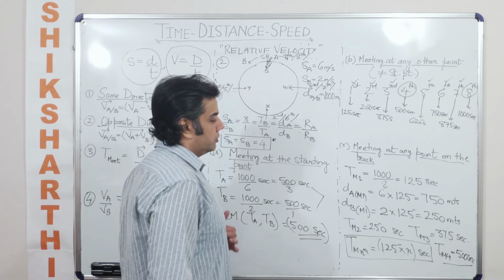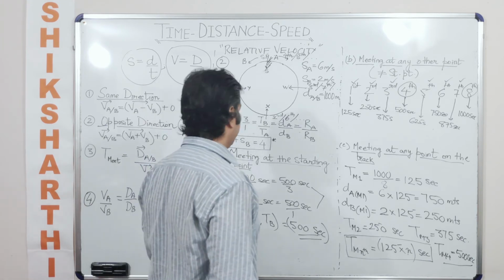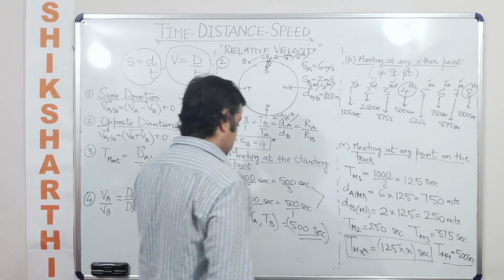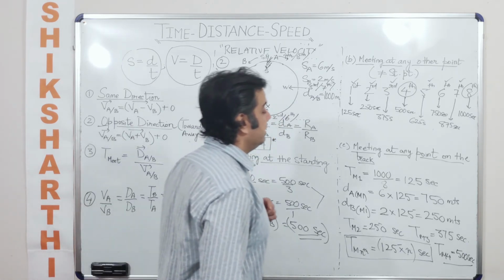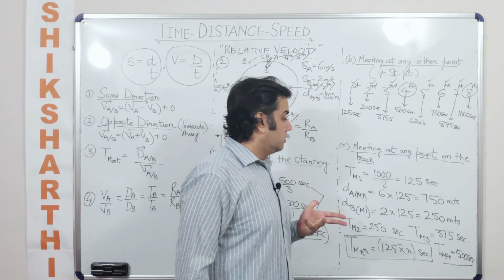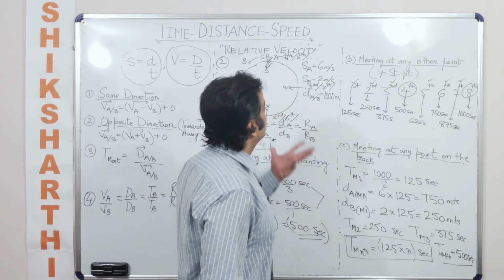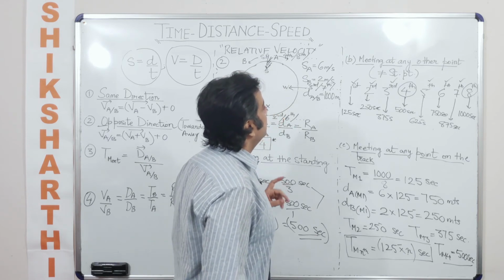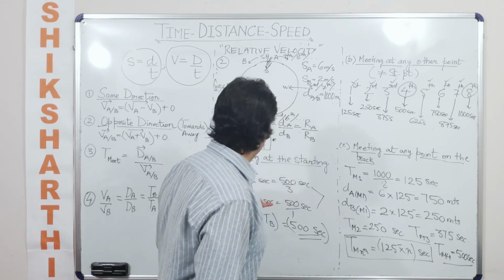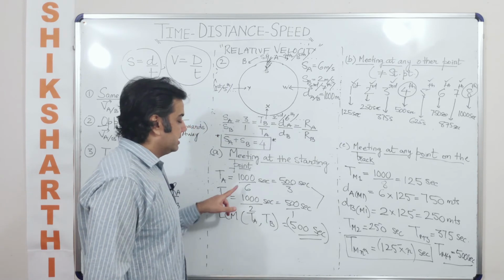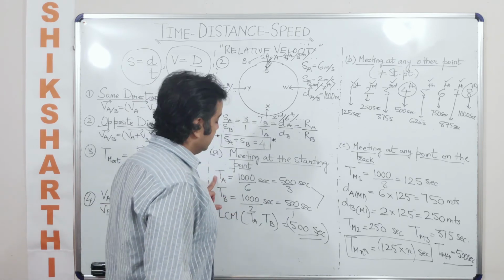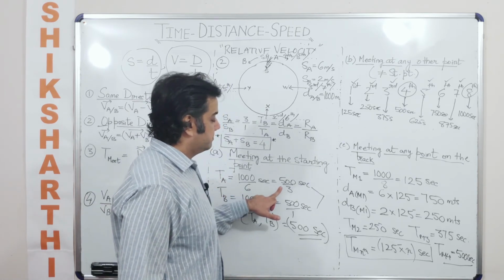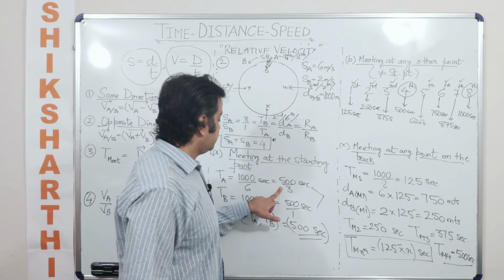Okay, so now in 125 seconds, how many rounds would A take, given that one round is taken by A in how many seconds?